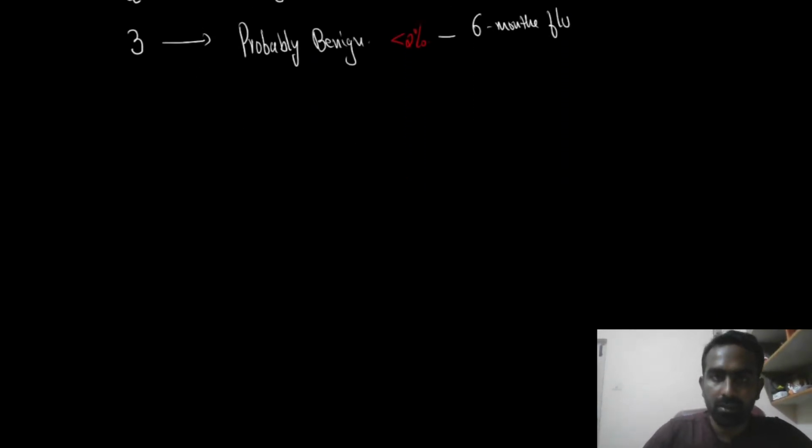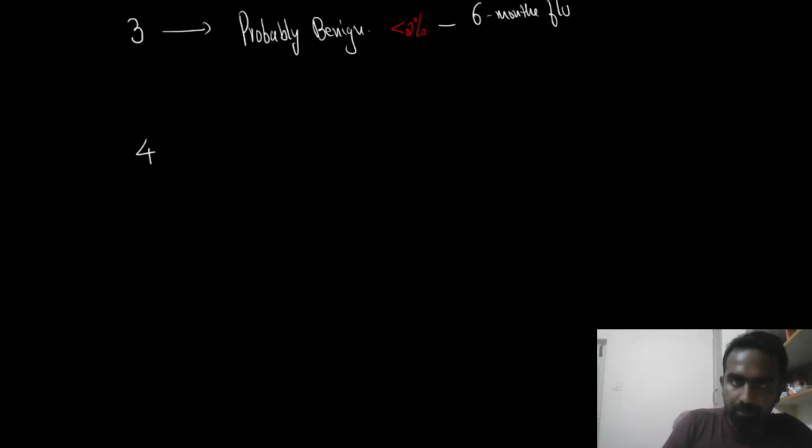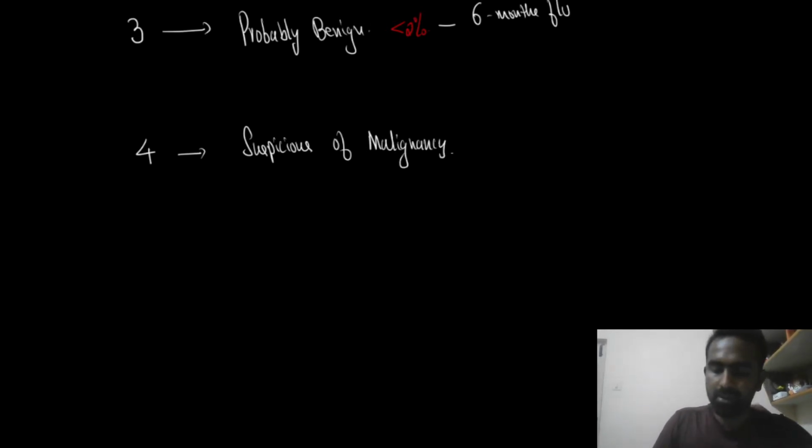Okay. Now what is BIRADS 4? It is suspicious of malignancy. Earlier BIRADS 4 was defined as 2 to 95% chances of malignancy.